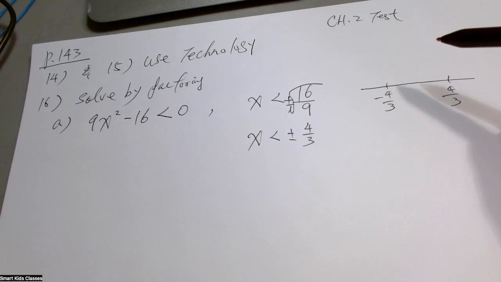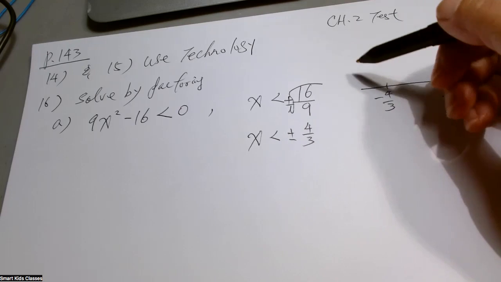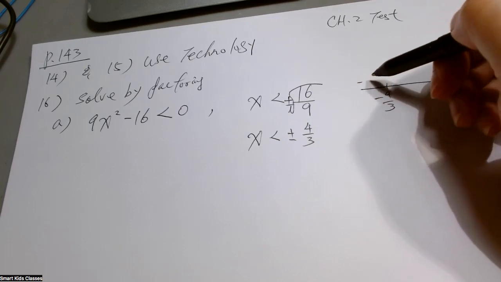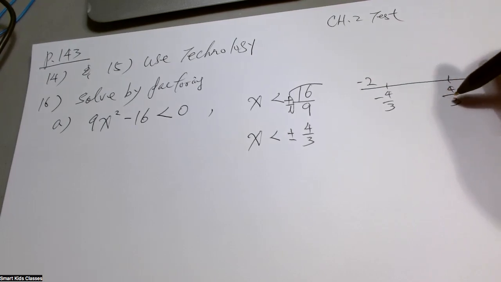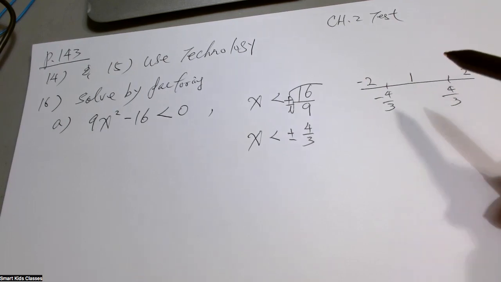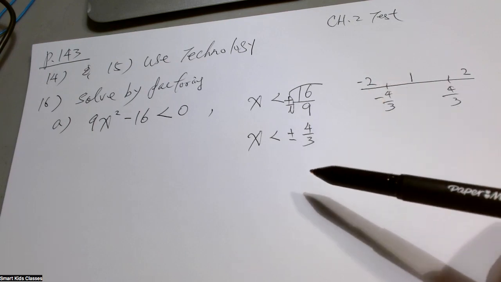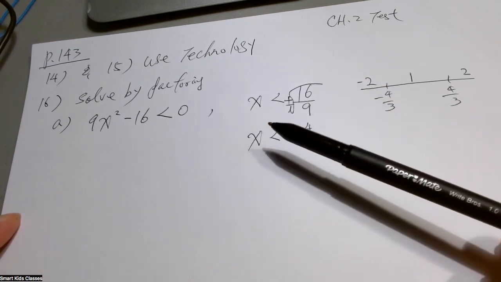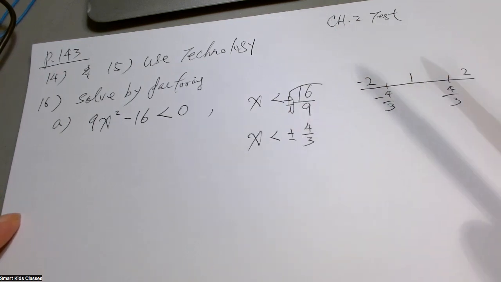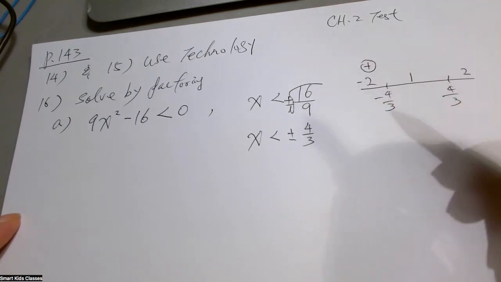So we're going to test the inequality to see if these sides are true. From here, we can test -2, 1, and 2. So let's test -2. If x equals -2, then you can plug in. -2 squared will be 4, times 9, so it's 36. So you get a positive here, which is not true.